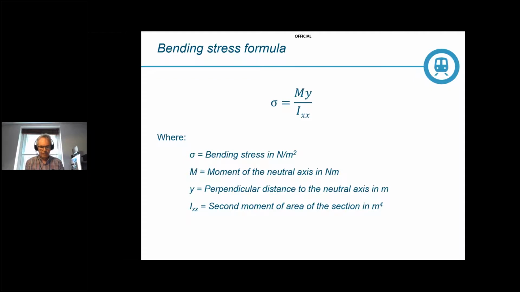So for a given value of bending moment, M, it can be seen that the bending stress increases with increasing y. That is, the bending stress is highest at the extreme fibres, furthest perpendicularly away from the neutral axis. And the larger value of IXX, which is the shape that is more effective at resisting bending, reduces the overall stress.